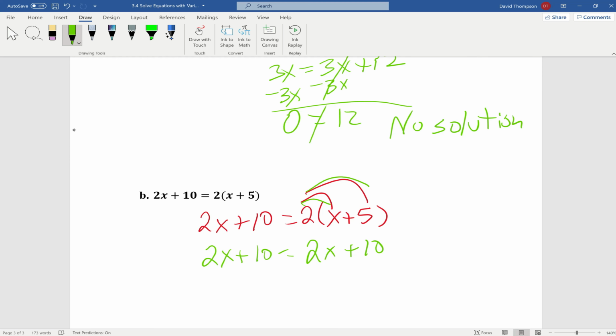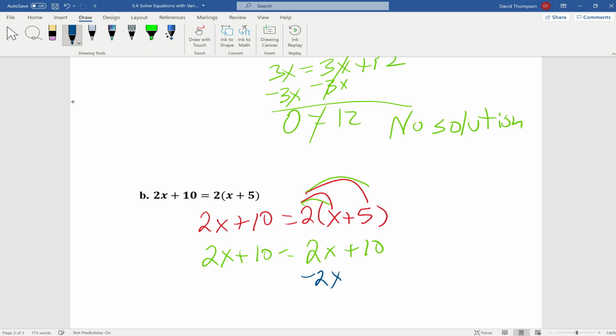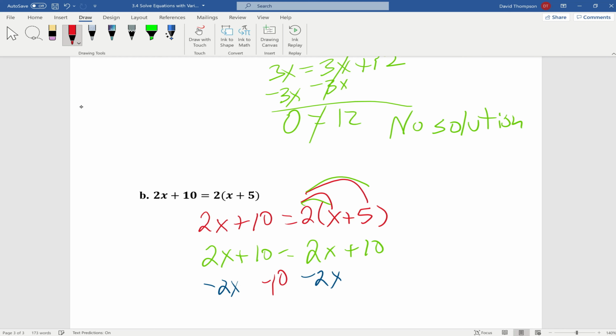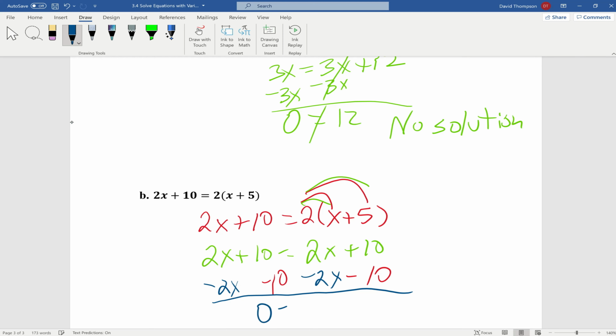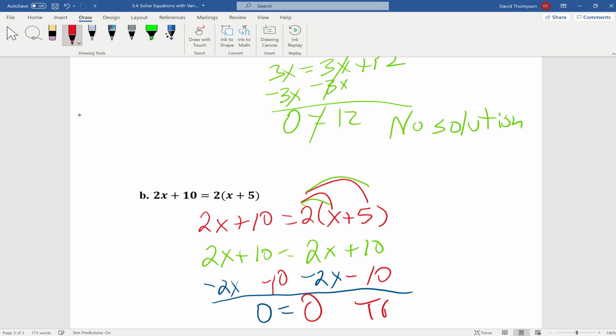They appear to be the same equation. Let's see what happens when we try to solve this. Subtract 2x, subtract 2x, subtract 10, subtract 10, and we end up with 0 equals 0. And this is true.